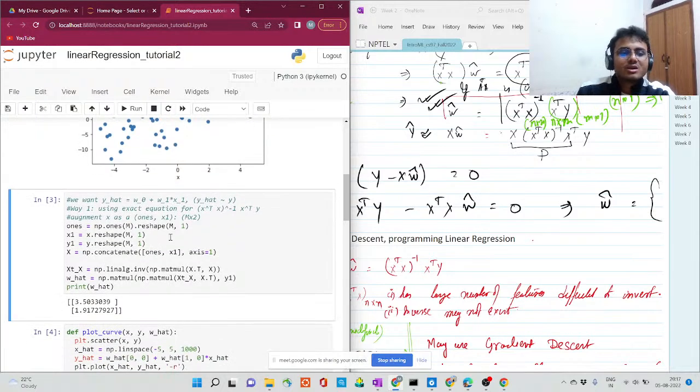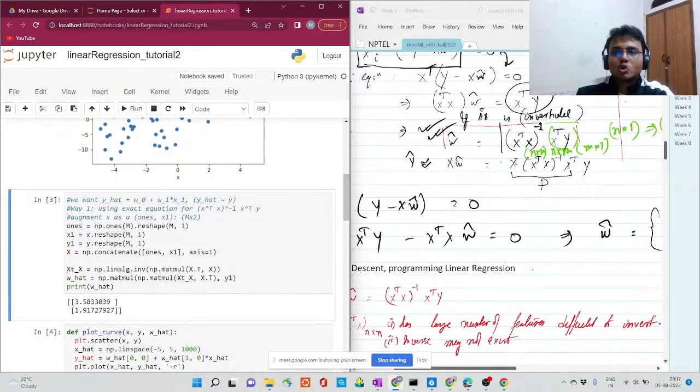First of all, I'll try to learn it via the formula that I showed you, which I proved using projections. X transpose X inverse, X transpose Y will give you the weights. So that's what I have done here.